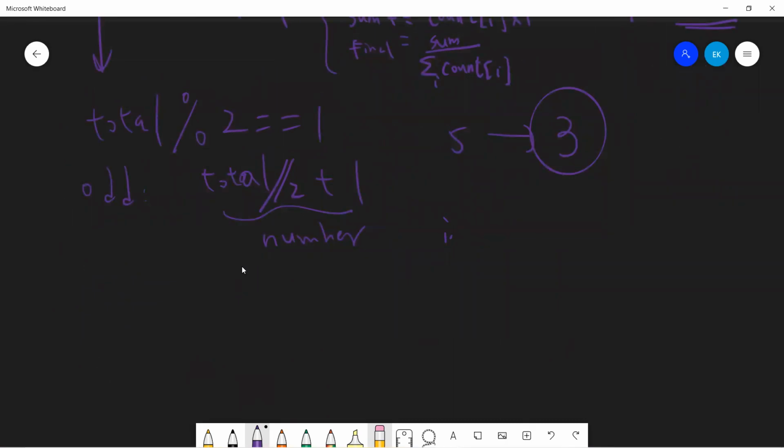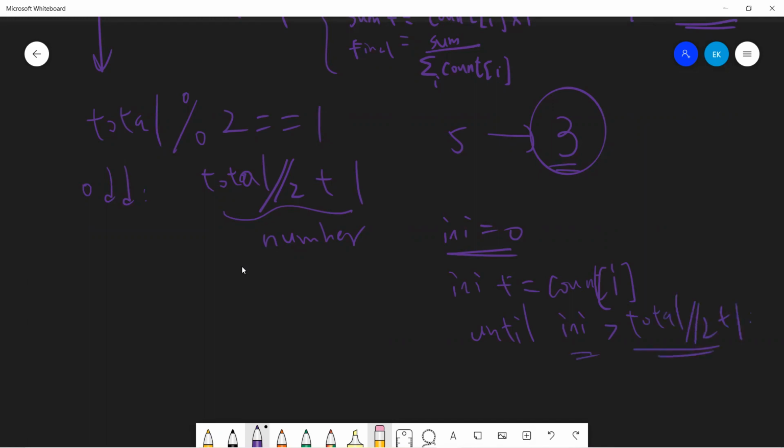Now it's very simple. I initialize a running count to be 0, and I just keep adding the counts until it is greater than total divided by 2 plus 1.